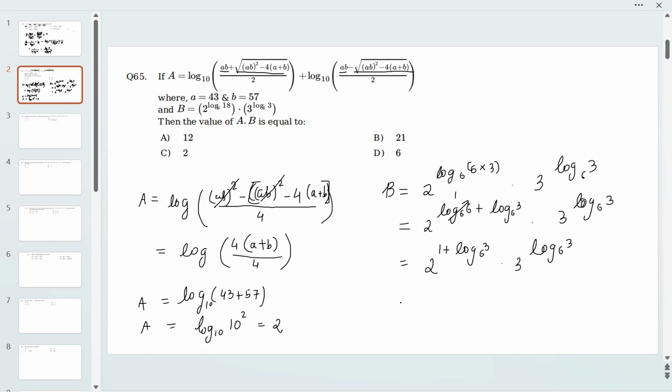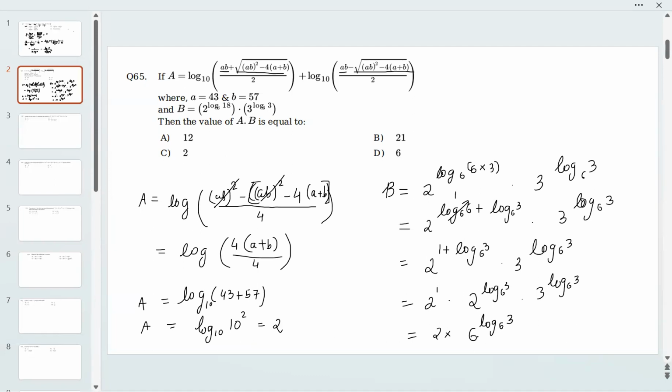By property of exponents, I can write it as 2 raised to 1 into 2 raised to log of 3 to the base 6 into 3 raised to log of 3 to the base 6. If the powers are same, log of 3 to the base 6, then the bases get multiplied. Means 2 and 3 will get multiplied. And I'll get 2 into 6 raised to log of 3 to the base 6.